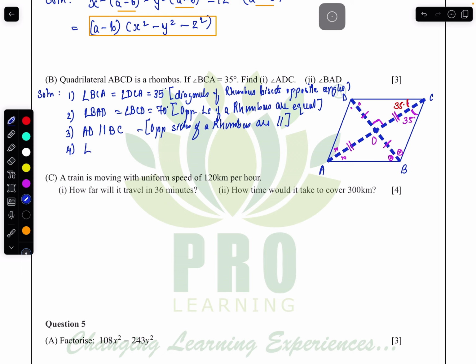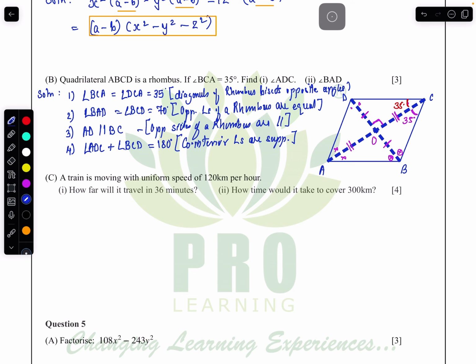Now the fourth statement is here. Angle ADC plus angle BCD is 180 degrees because co-interior angles are supplementary, since the lines are parallel and cut by a transversal.